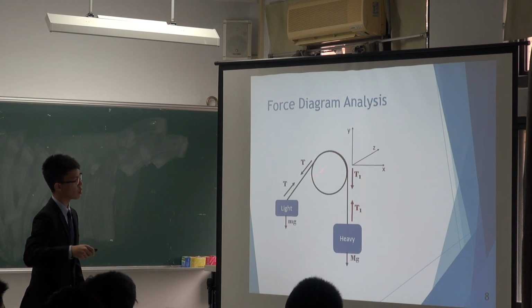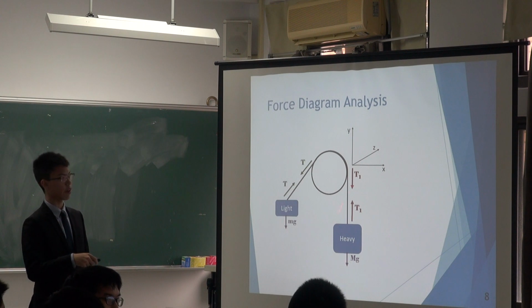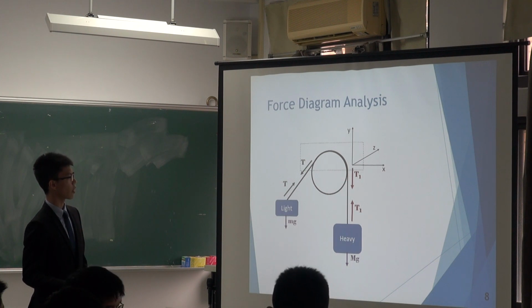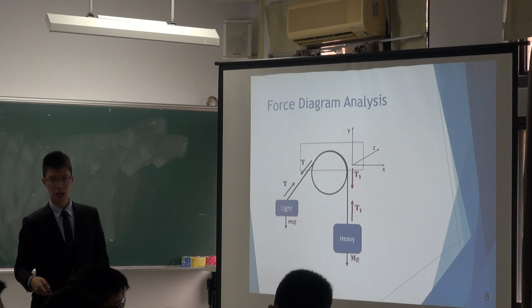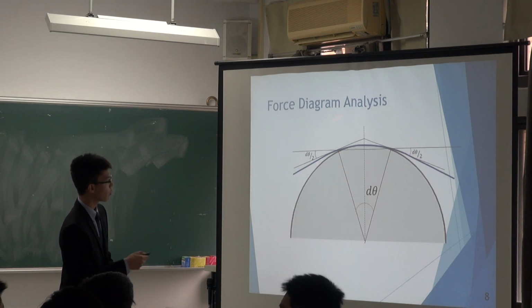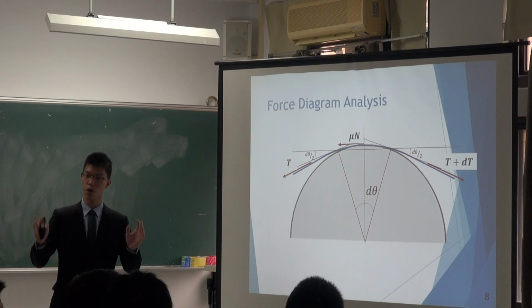There will be a tension pulling the light load this way, the gravitational force on the light load and the heavy load, and the tension on the heavy load over here, and we define our coordinate in this sideways. When we zoom into this part, we can see that in this process there is actually a difference between the tensions of these two loads.